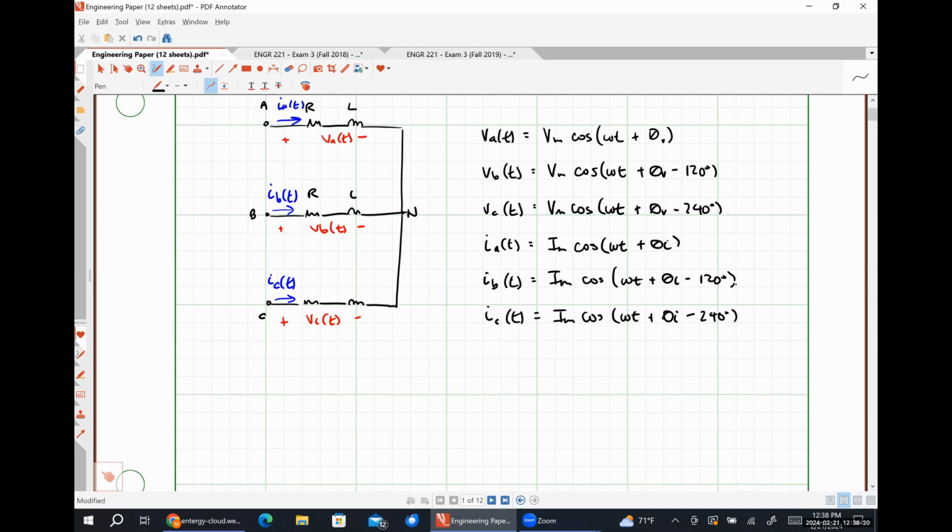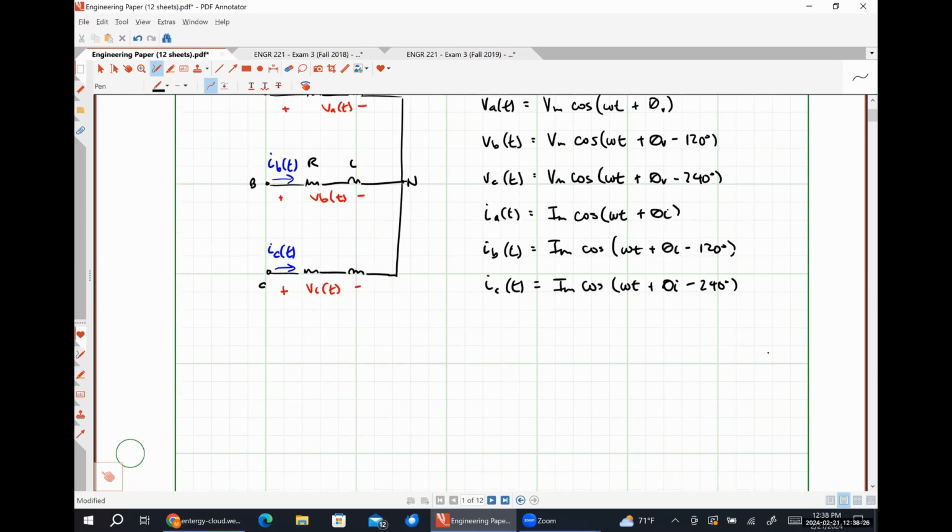And because we're dealing with instantaneous power, we're looking at time varying voltages and currents. So the instantaneous power absorbed by our load is going to be the combination of the instantaneous power absorbed by the A phase of our load plus the instantaneous power absorbed by the B phase of our load plus the instantaneous power absorbed by the C phase of our load.